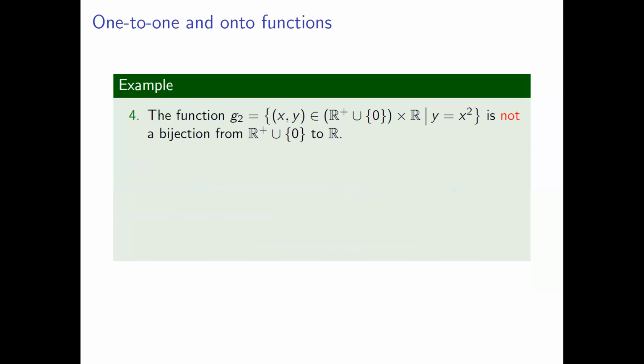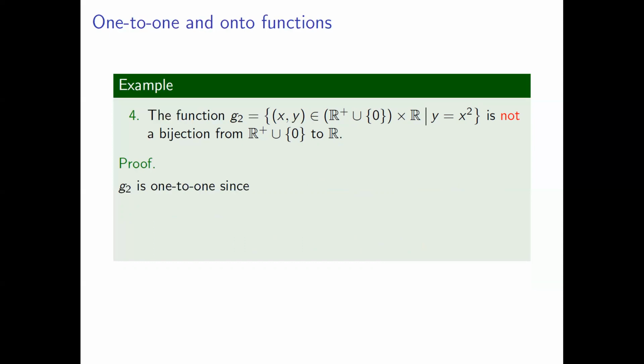Consider the function g2 consisting of all ordered pairs (x, y), where x is a non-negative real number and y is a real number, satisfying the equation y equals x squared. Then g2 is not a bijection from the set of non-negative real numbers to the set of real numbers.